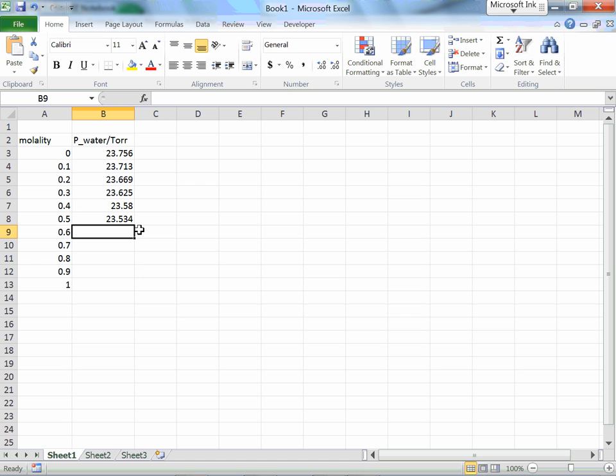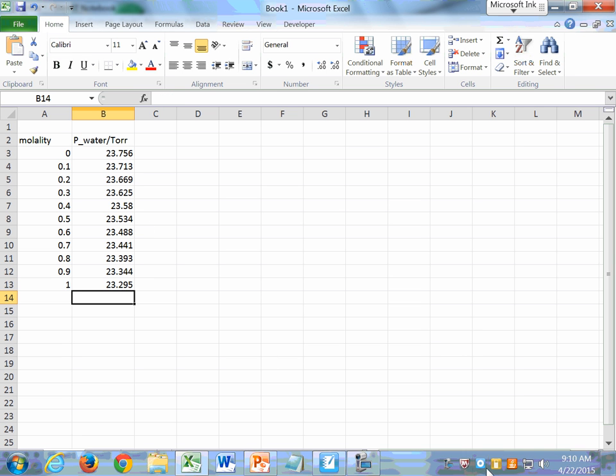At 0.6, it's 23.488. At 0.7, it's 23.441. At 0.8, it's 23.393. At 0.9, it's 23.344. And at 1, it's 23.295. I'm going to pause the video here. I'll give you time to get caught up.